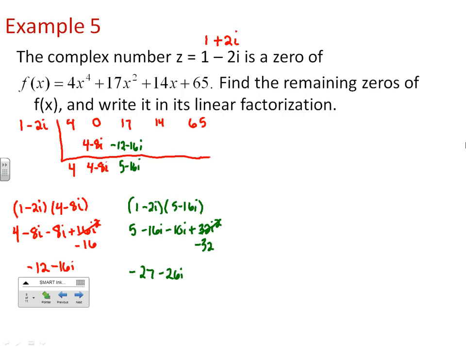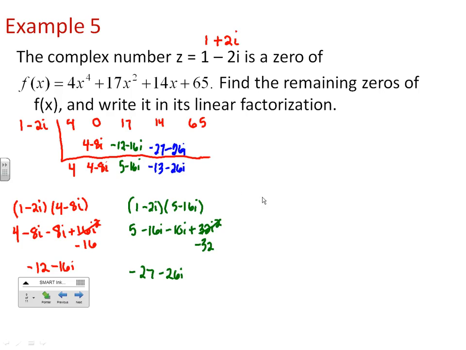So I'm going to write that up here as negative 26. No, just kidding. Haha, not right. Negative 27 minus 26i. Okay, so 14 minus 27 minus 26i is negative 13 minus 26i.